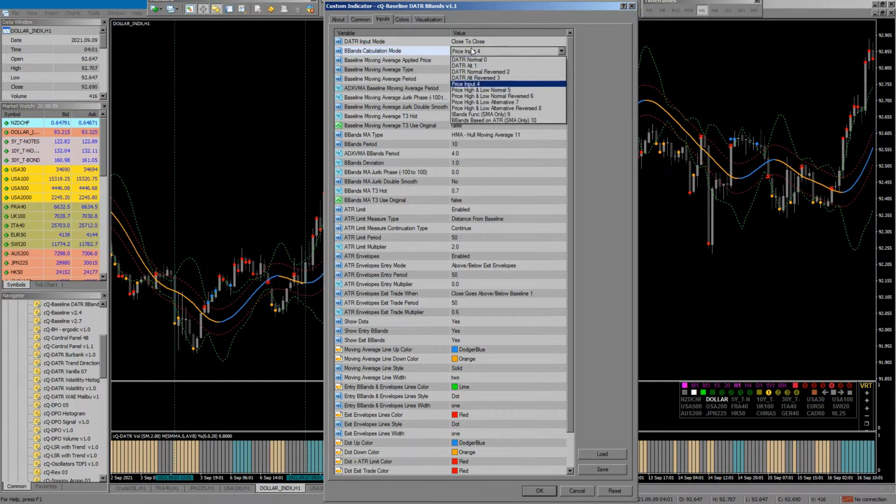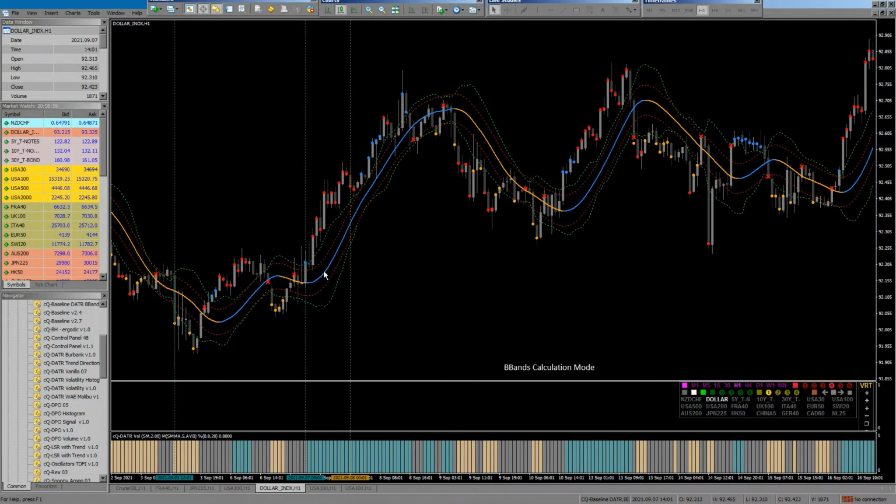The next mode is the price, high, and low mode, which is basically just sending the high of each candle to generate the upper Bollinger Band and the low to generate the lower Bollinger Band.